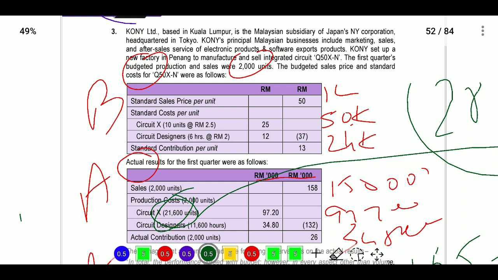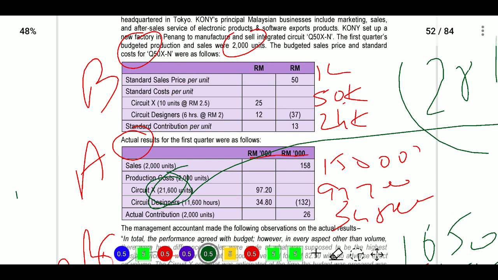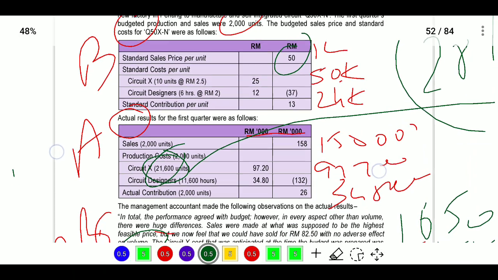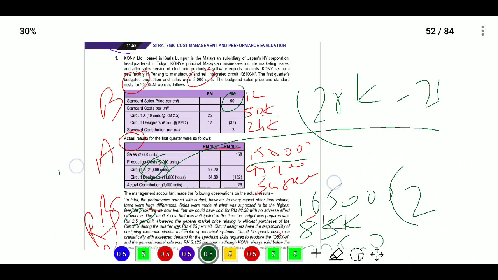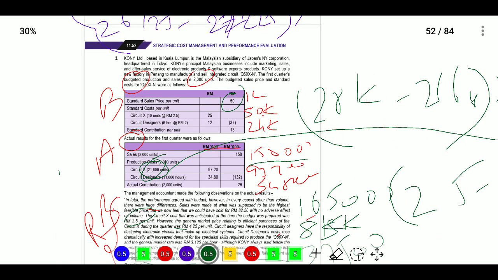We will see the sales variance also. What is the sales variance here? The standard price will be 50 rupees. Okay, and what is the actual price? They provided 1,58,000 directly. So 1,58,000 divided by 2000 means it will be 79. So the sales variance is 79 minus 50 rupees into which quantity?